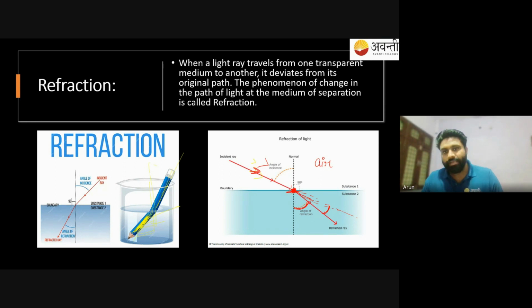This light ray is also carrying electricity, because it is a combination of electric field and magnetic field. So that electric field causes a change in the electric field of the medium. That is why the ray gets deflected after refraction.